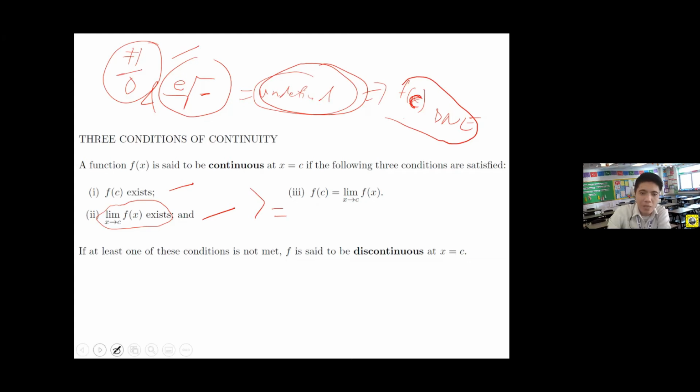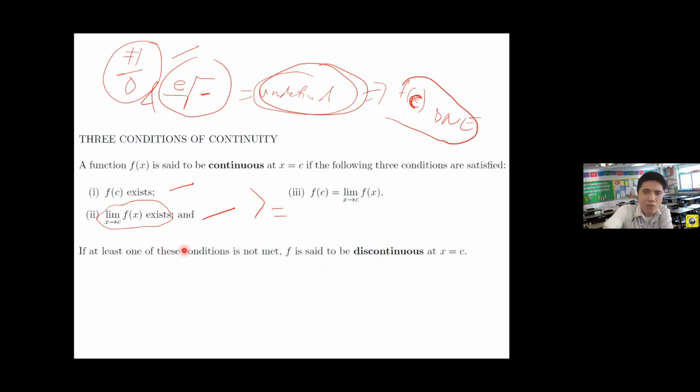In other words, if at least one of these conditions is not met, the given function is said to be discontinuous at x equals c. If you have a graph, it is easy: if you can sketch the graph without lifting your writing material, then it is continuous. But if there is no graph, we use these conditions.